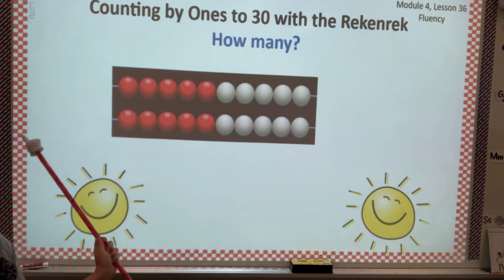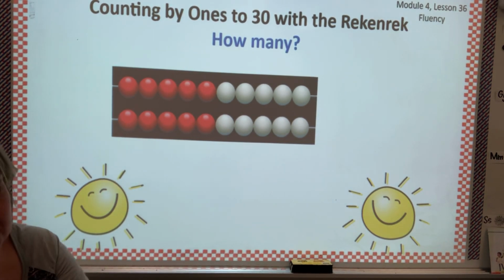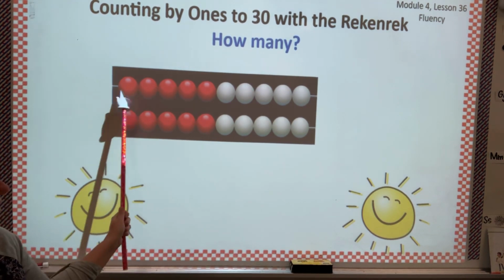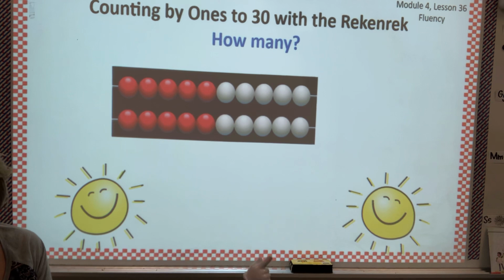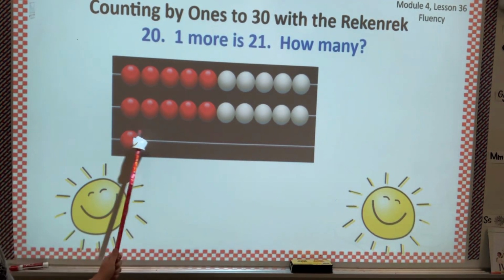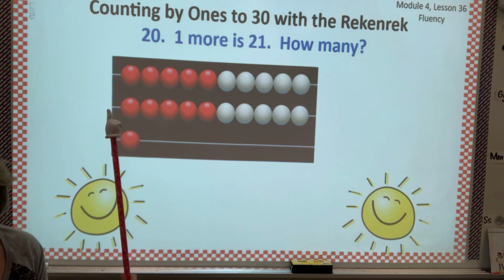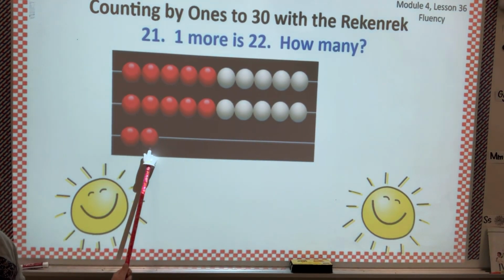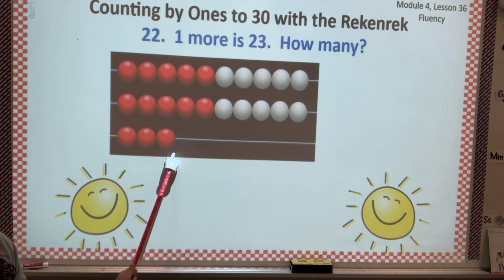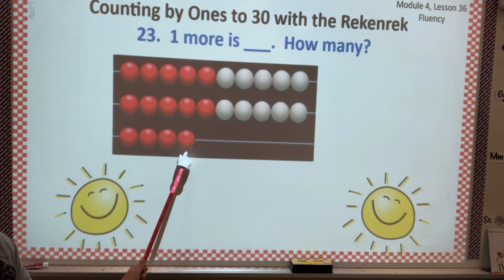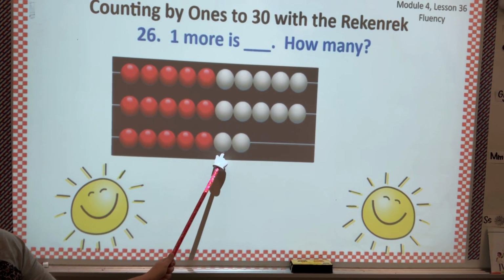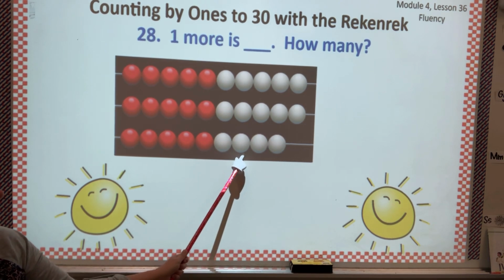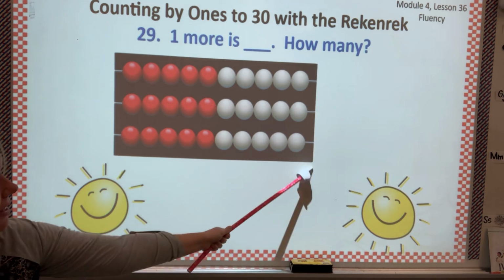Now, if I got rid of a whole row and I had 30, how many's in this? We could just count by tens to see. 10, 20, 21, 22, 23, 24, 25, 26, 27, 28, 29, 30.